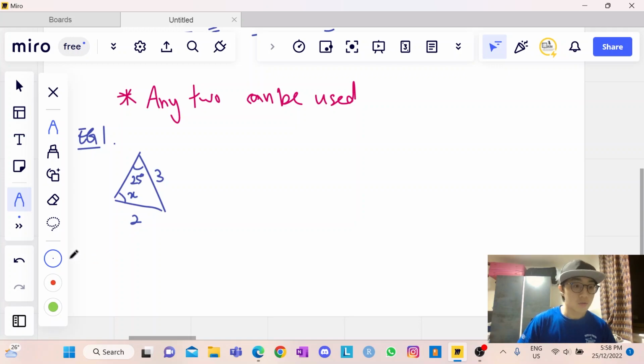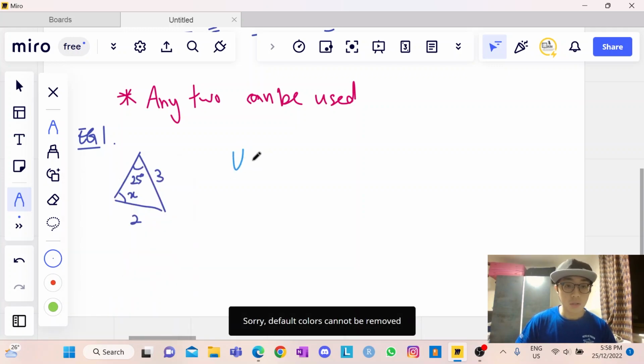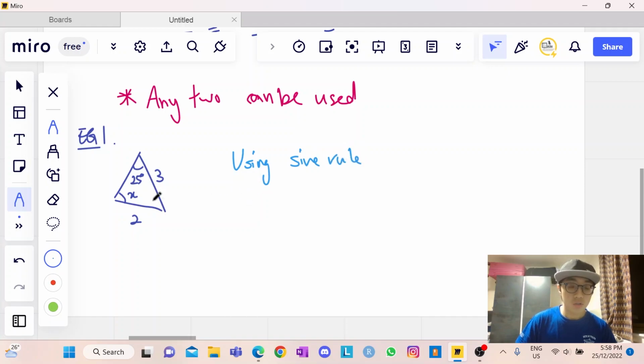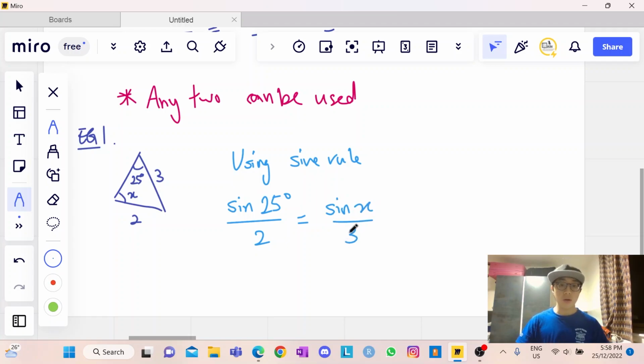By using the sine rule, we have sin 25 degrees divided by 2 equals sin x divided by 3. From here we get sin x equals 3 sin 25 degrees divided by 2.